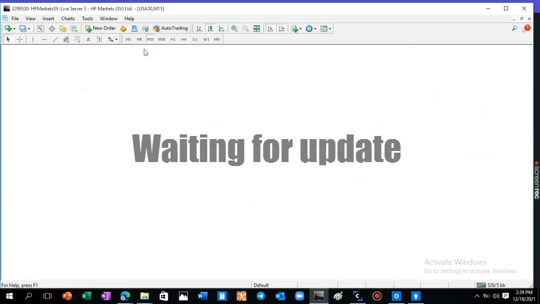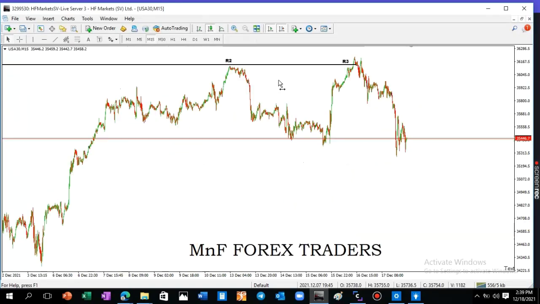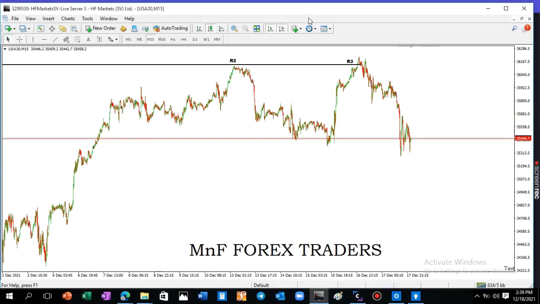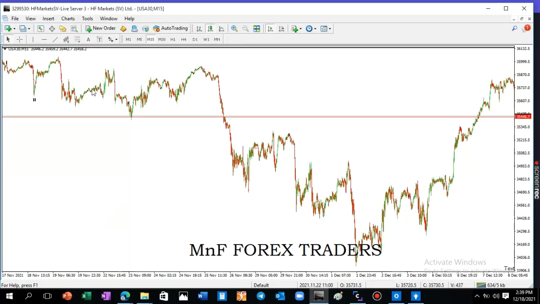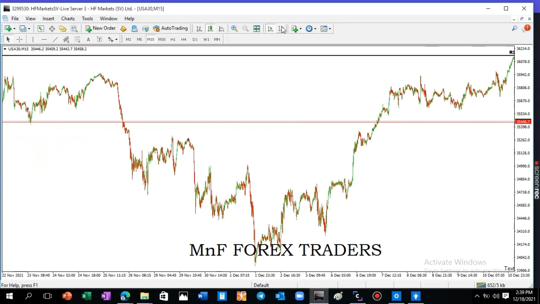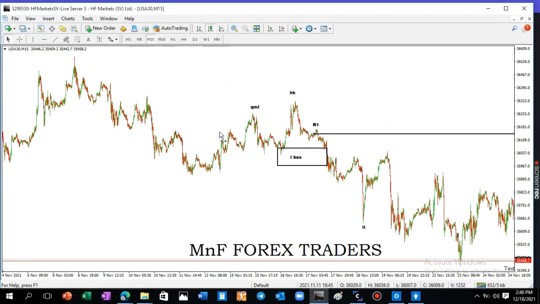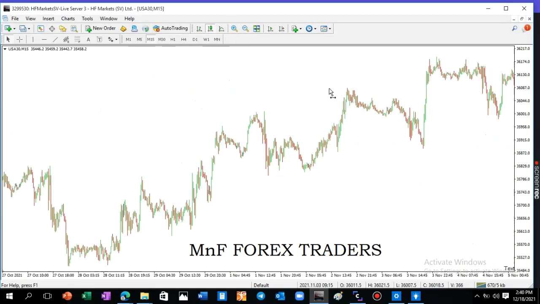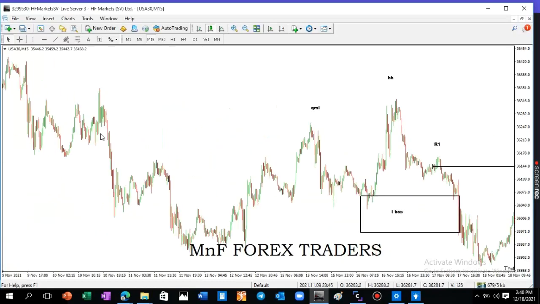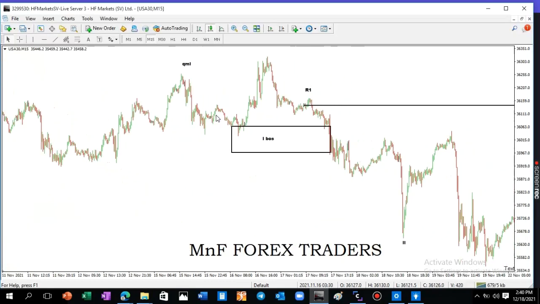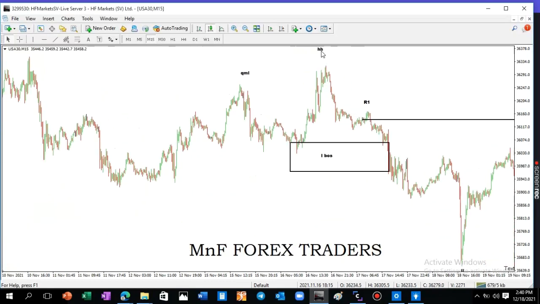Very nice. If I go to the lower time frame, maybe you might be able to appreciate it much more. Let me try to move this and zoom in a little bit. I think this is much clearer.